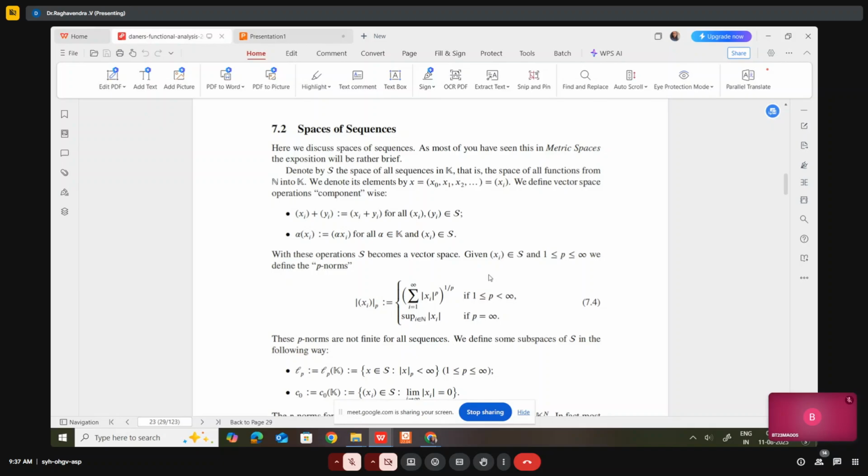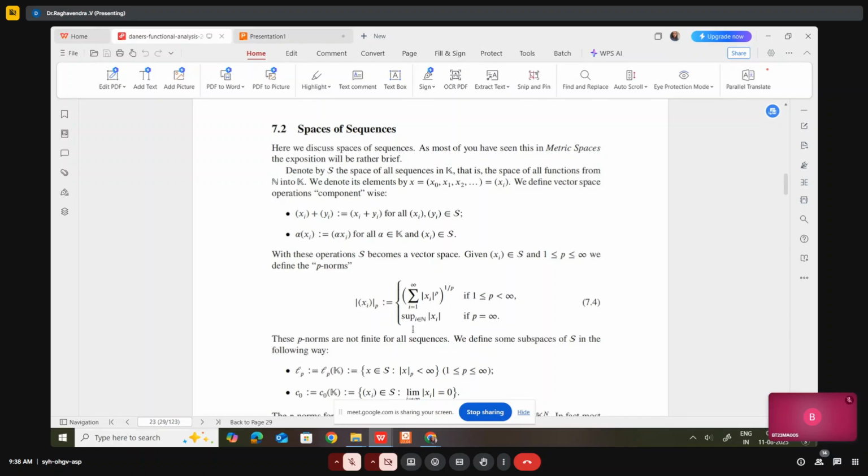So the story is that given this vector space, you take 1 less than or equal to p less than infinity, and we define the norm of the sequence xi to be the summation over i from 1 to n of mod xi raised to p, the whole raised to 1 over p, the same lp norm, if p is not infinity and greater than or equal to 1. If p is infinity, you define it as the supremum over i of mod xi.